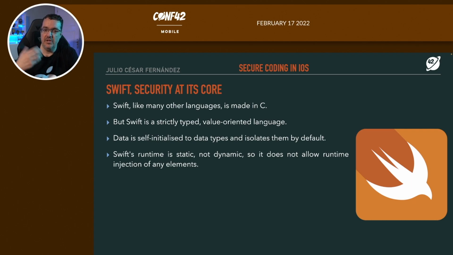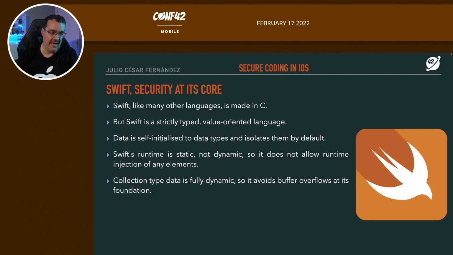Because of this, when you work with TDD, with test-driven development, you have to create in code the injections or the mock objects, etc. You cannot use an API that injects dynamically, like Objective-C or even other languages like Java, because Swift has this static runtime and you cannot modify anything in the execution of your app.